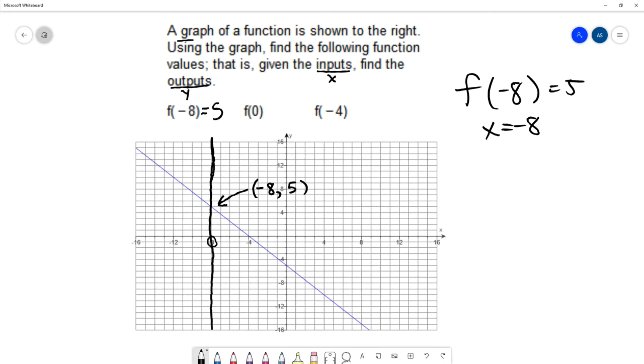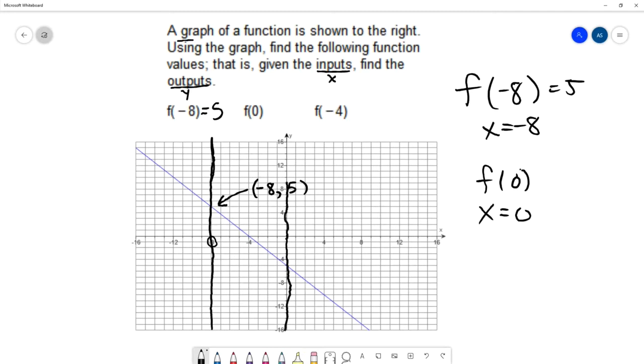We'll do the same thing with the next one, f of 0. The input is 0, x is 0. So if I find 0, 0 is at the origin where the x-axis and the y-axis cross each other.